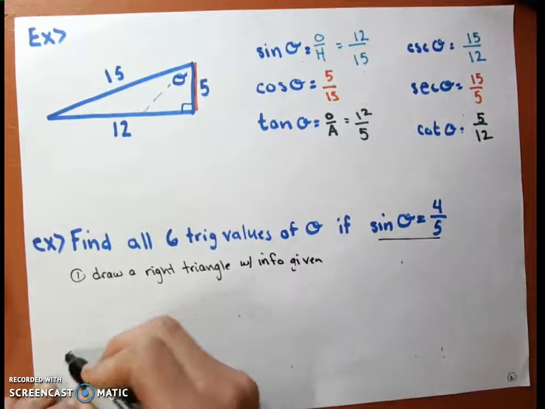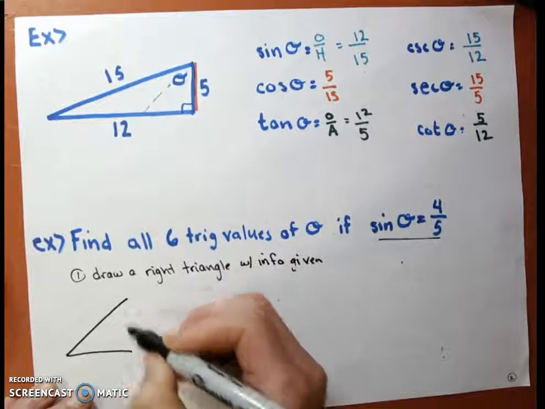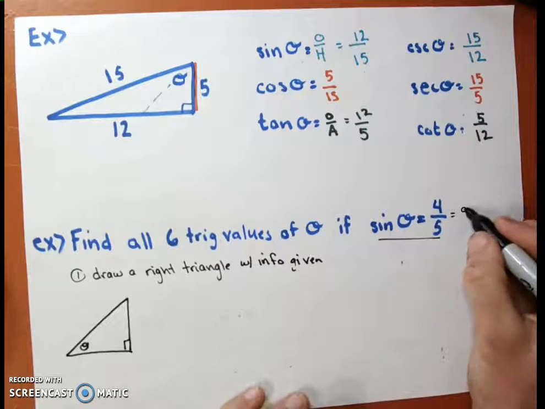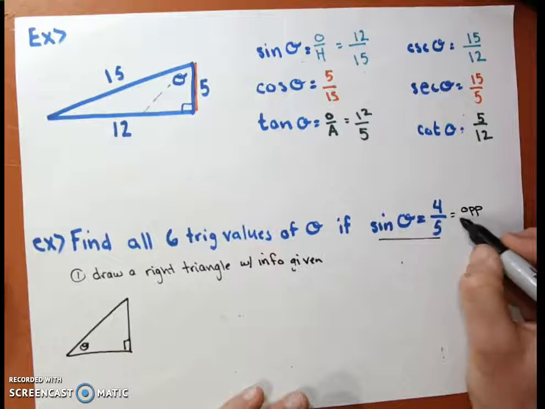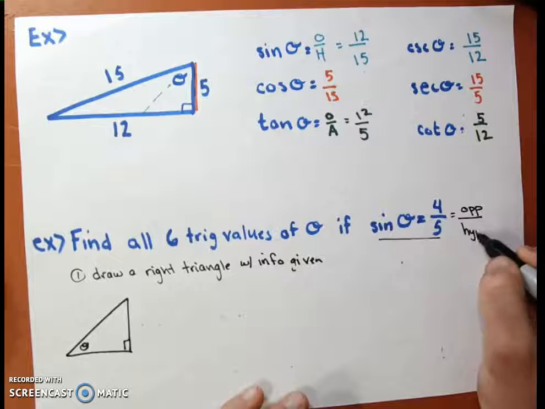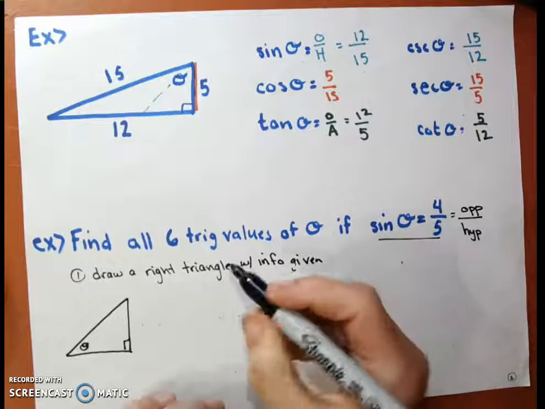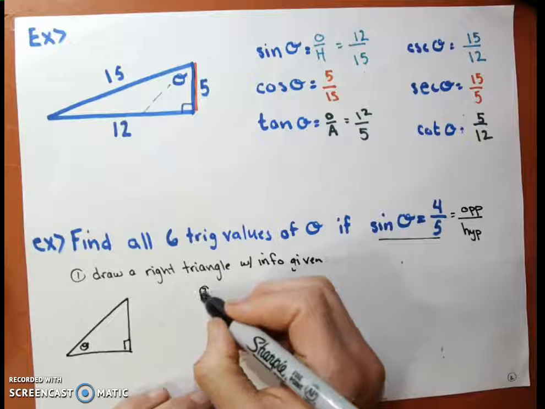So here's my right triangle. Maybe this is the theta that I'm interested in. And if sine is 4 over 5, that means the opposite of theta is 4, and the hypotenuse is 5. So I can now, step 2, label my triangle.